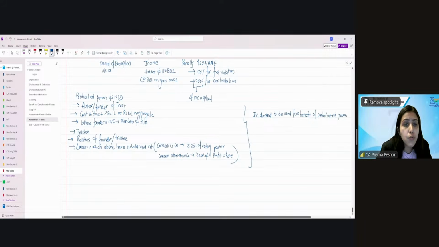Income is deemed to be used for the benefit of the prohibited person when loans are given without adequate interest or security.